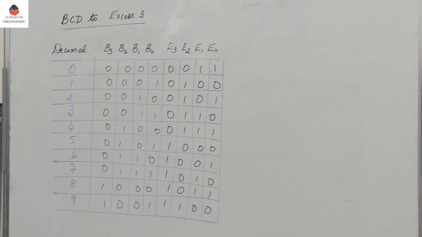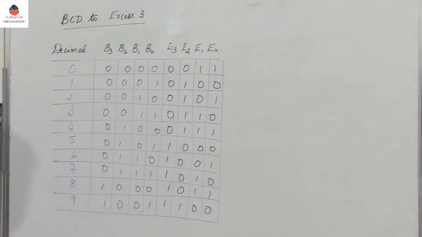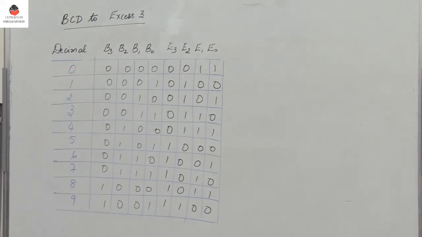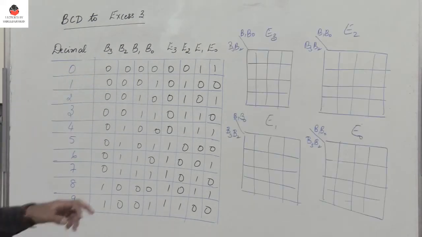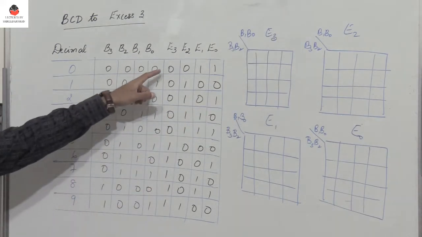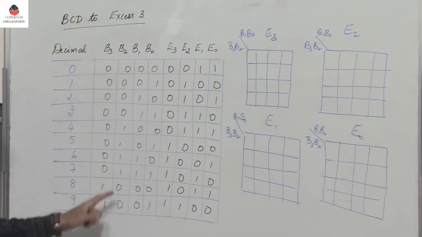So now to find the hardware circuit for BCD to XS3 code conversion, I have to perform the simplification. So I will use a 4-bit K-map to simplify and get the expressions for the outputs E3, E2, E1 and E0. So to find the expression for E3, I have E3 for the combination 0000 to 1001, right?